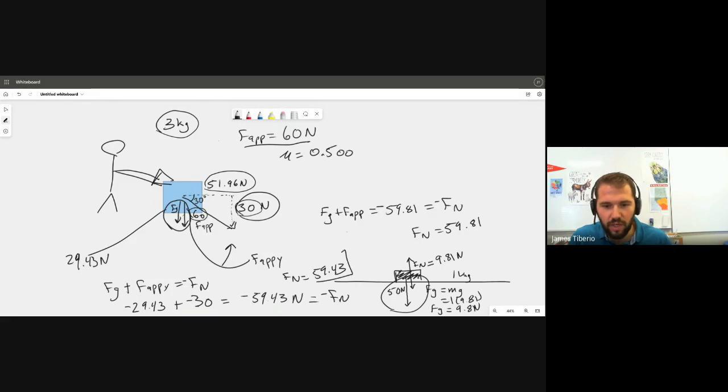So that's essentially how hard the ground must push back up on this shopping cart to prevent it from going through the floor, because we're pushing it into the floor. The floor must resist that, or else it's going to go through the floor. Then we can say, okay, how much friction will be acting on this block? Well, if we knew this block was not accelerating, that means F net must equal 0.